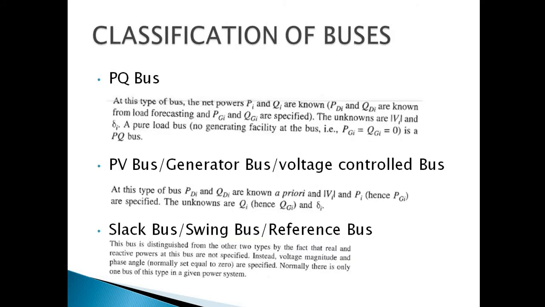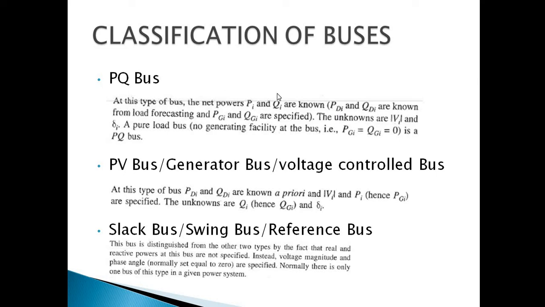First bus is called the PQ bus. At this bus the net powers P and Q are known, that is the demand at this bus and the generation at this bus. So what is Pi and Qi? It is generation minus the demand.